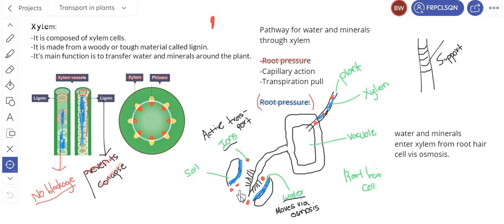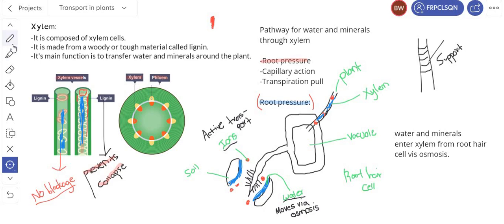The red dots are your ions, mineral ions. This here is your vacuole, and this long tube here is your xylem vessel connecting to the rest of the plant. One other thing to understand here is that the blue region is water, and the red things are the ions that are dissolved in the water.